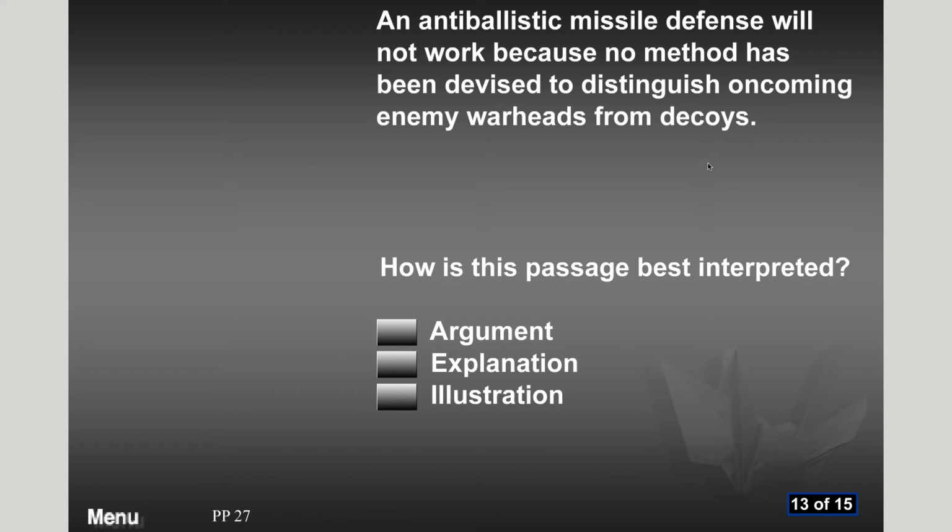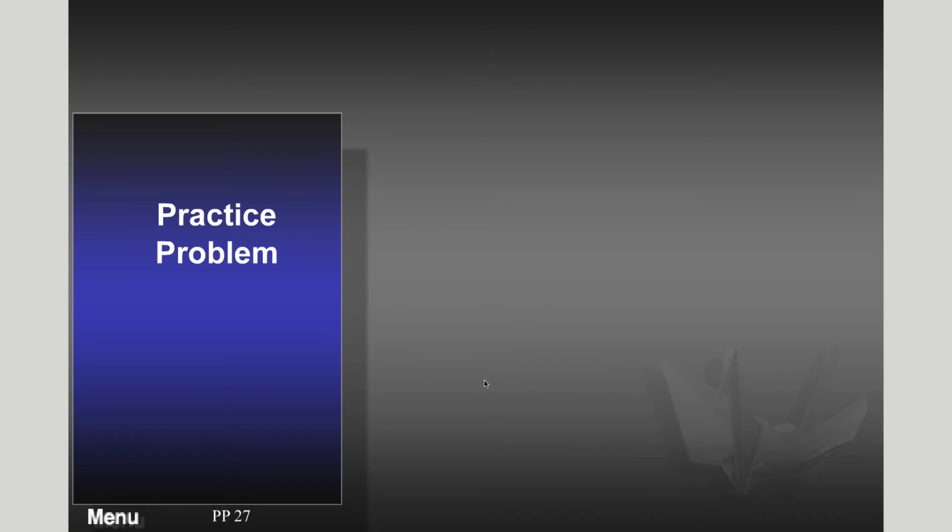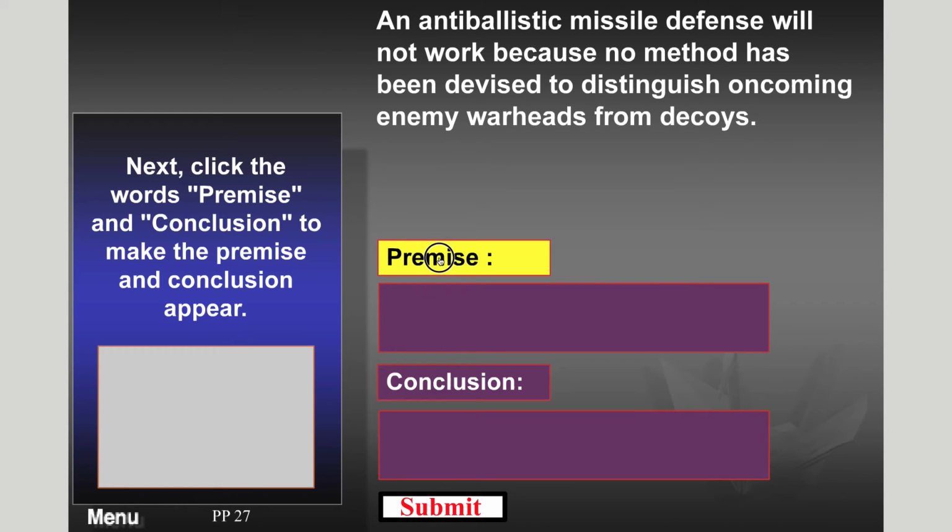It can't be an illustration because it doesn't give us an anti-ballistic missile and has X qualities. Hence, these are types of anti-ballistic missiles. It's an argument, a shorter one than the previous one, right? Evidence or reasons is given for the first part of the sentence, right? Again, you have because in there, and that's a premise indicator, right?